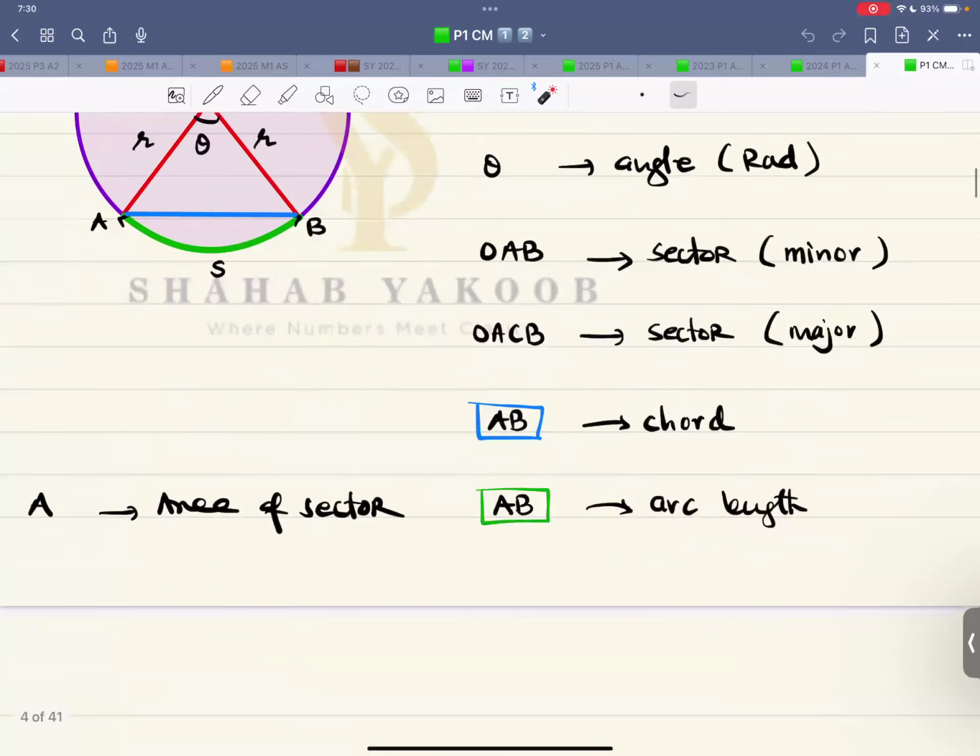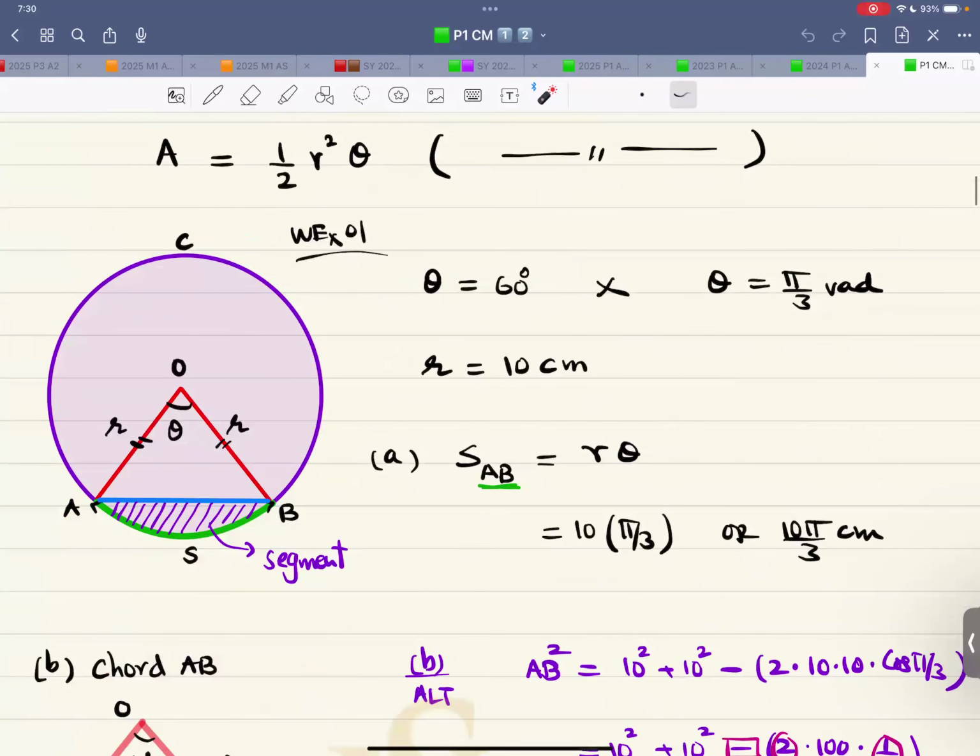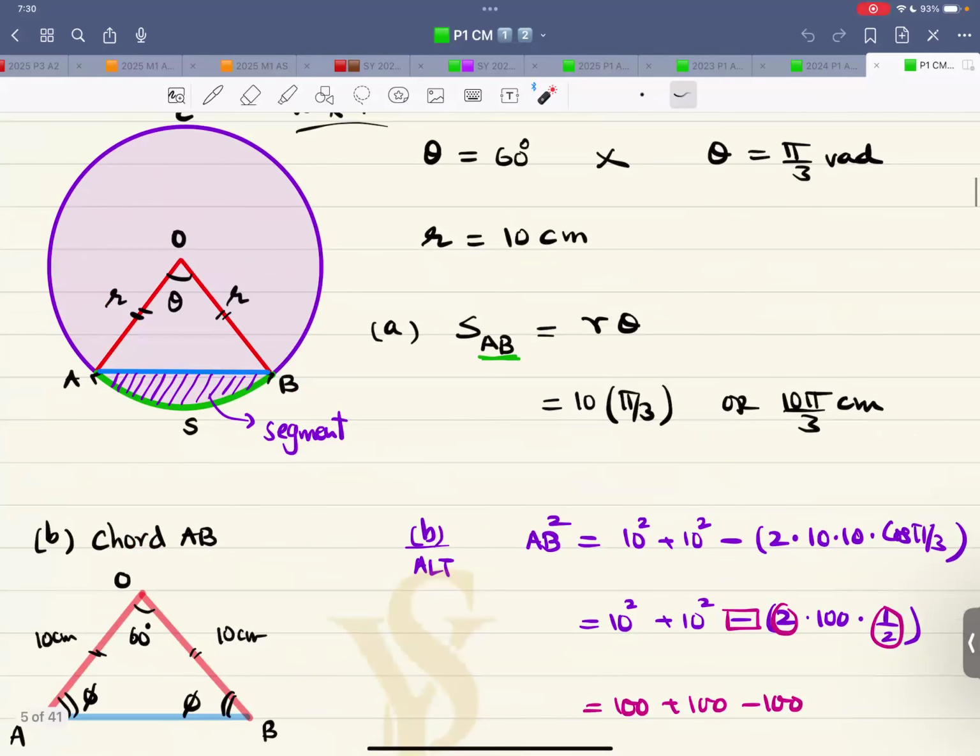Then we have the basic terminologies we should be aware of. If they are talking about a segment, this is what I'm talking about. If it's about the area, it's area of the sector minus area of the triangle. If it's about the perimeter of the segment, that is the boundaries, that is the chord AB plus the arc length AB.